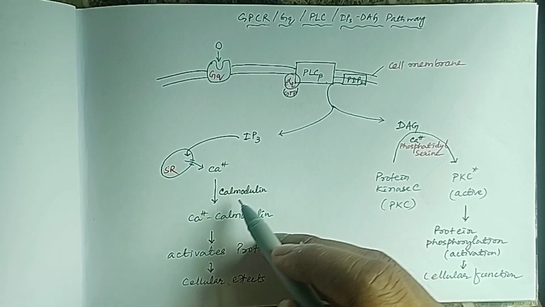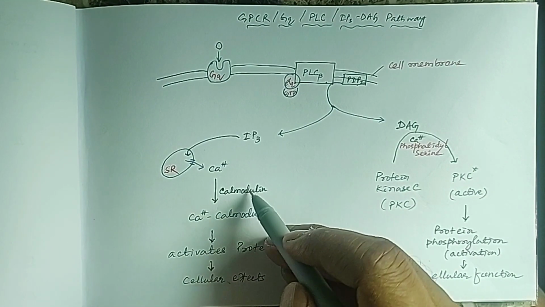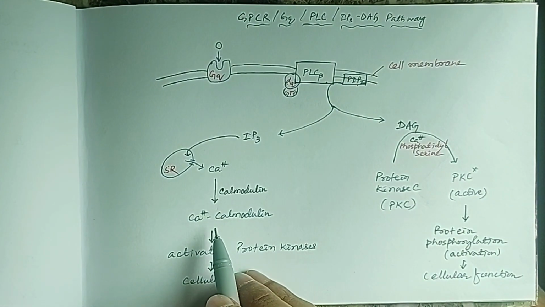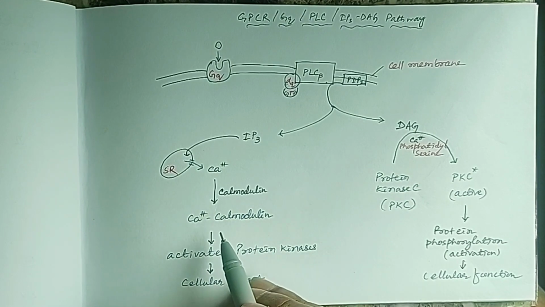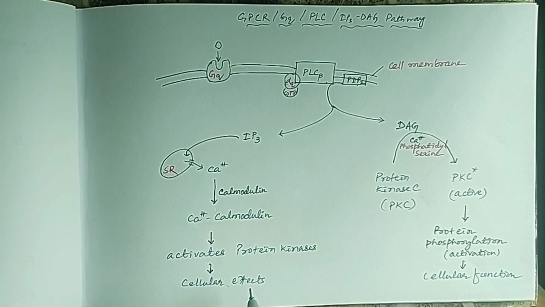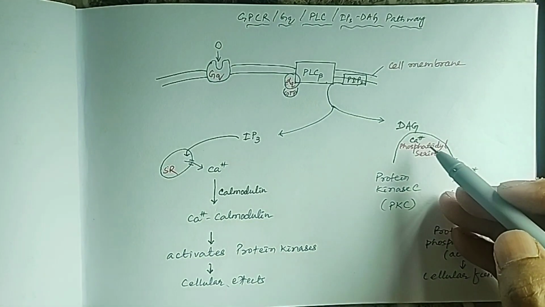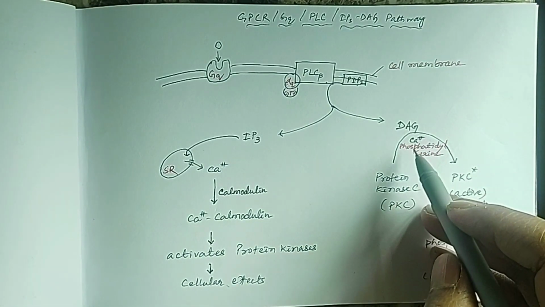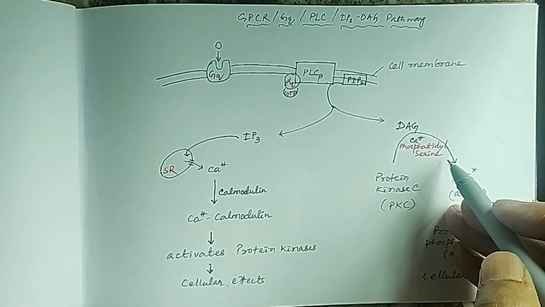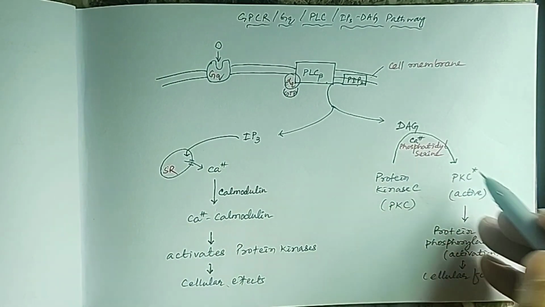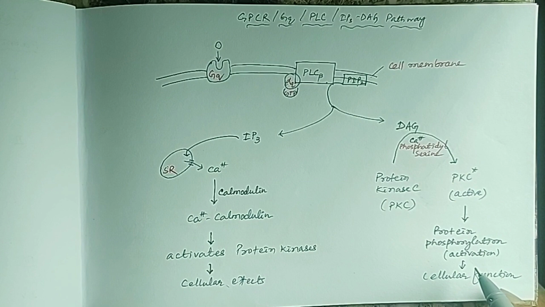Calcium binds with a cytosolic protein called calmodulin to form calcium calmodulin complex, and calcium calmodulin complex activates protein kinases to produce the cellular effects. Similarly, diacylglycerol in presence of calcium and phosphatidyl serine activates protein kinase C. Active protein kinase C can phosphorylate other proteins and activate them to produce the cellular effects.